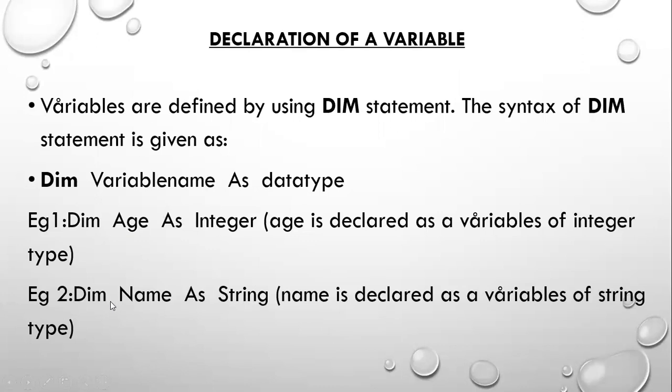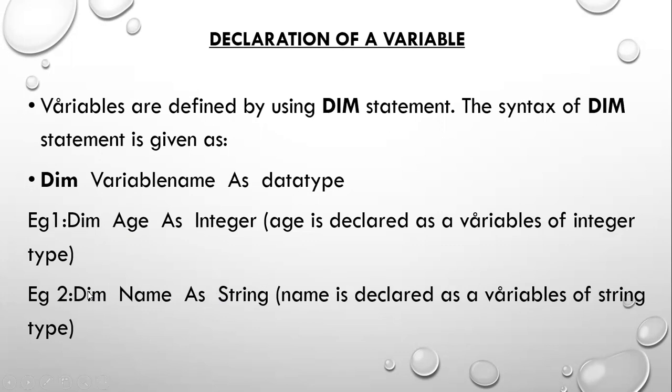Another one is dim name. Now name is characters, so name is in the form of string. So dim name, name is my variable name, as is in the syntax, and my data type here is string.